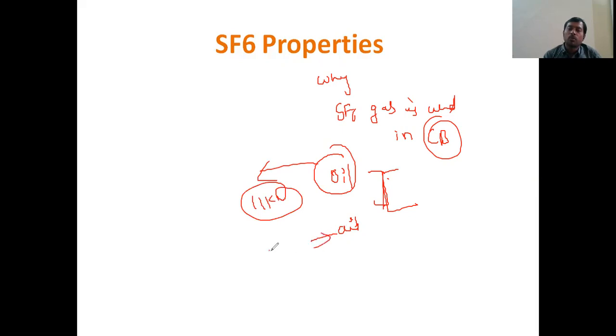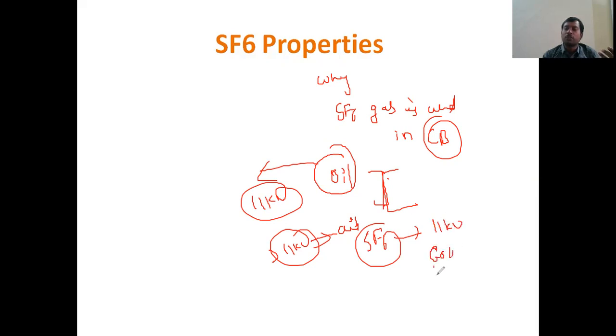If you use air, it is more than 11 kV, but if you use SF6 circuit breaker, it is used for all different types of voltages from 11 kV to 66 kV, 132 kV. So for all the applications, SF6 circuit breaker is suitable.